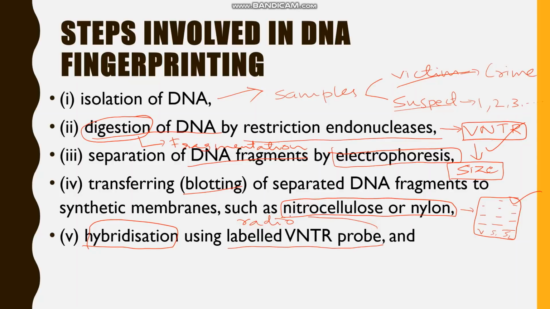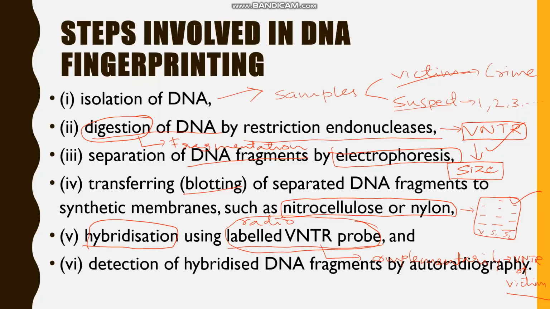So these radio labeled DNA probes are used for hybridization. These are produced complementarily to the VNTR sequences of the victim sample. So the radio labeled VNTR probes used for hybridization in this step are produced complementarily to the VNTRs of the victim sample, not the suspect sample.